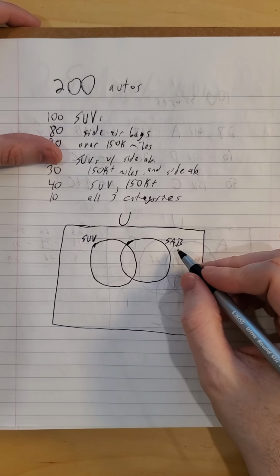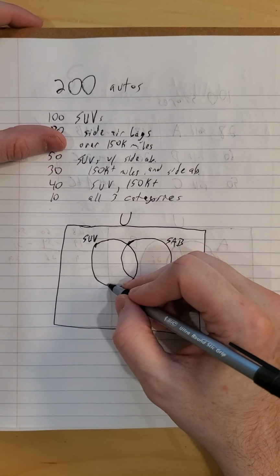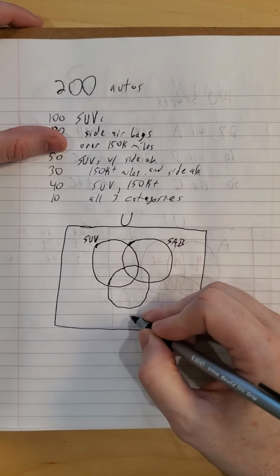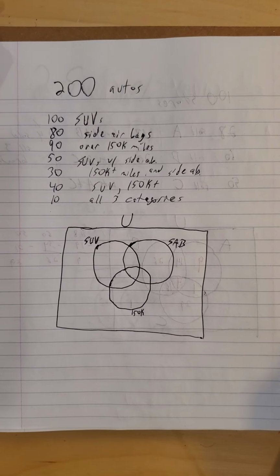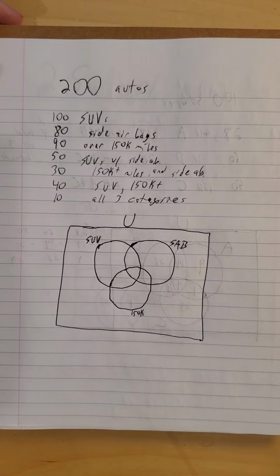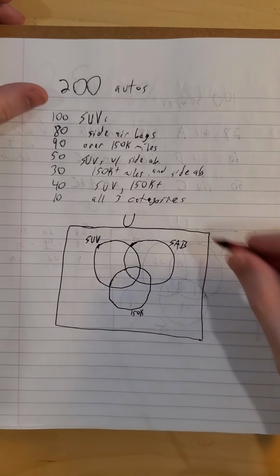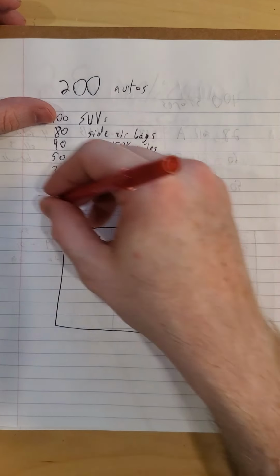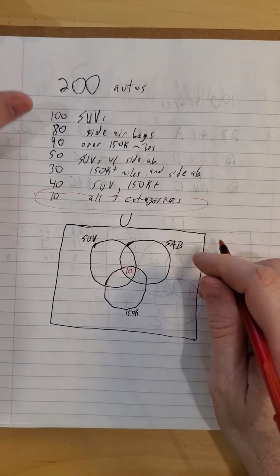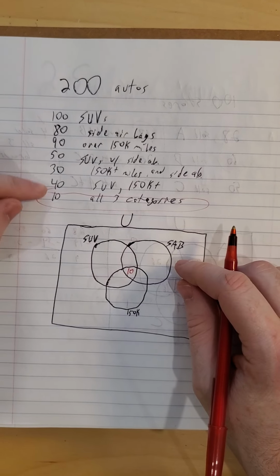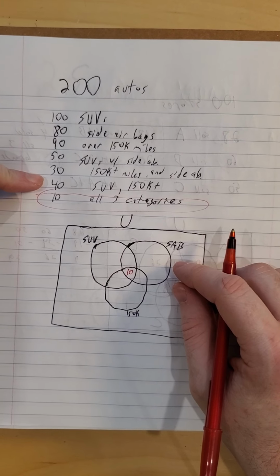I'll use SAB for side airbag and 150K for 150,000 plus miles. Okay, so on this one, they give us 10 that are in all three categories. Then we just kind of work our way backwards.